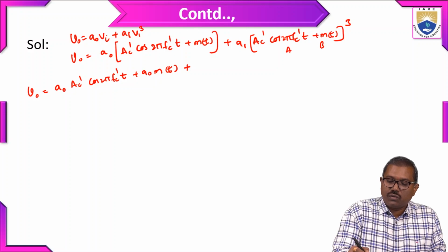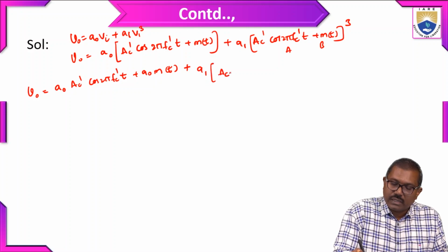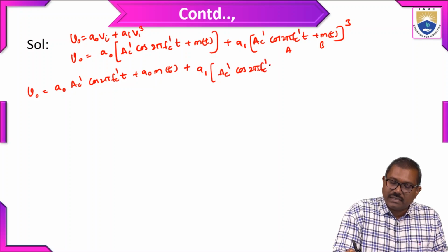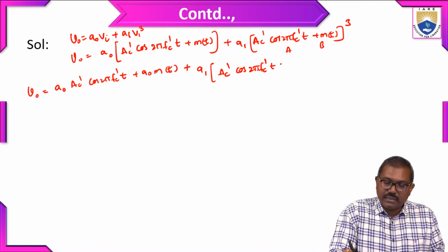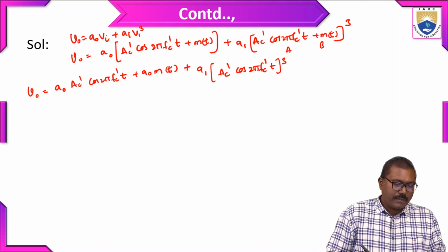So A1 into AC dash cos 2 pi FC dash T whole cube. Okay.